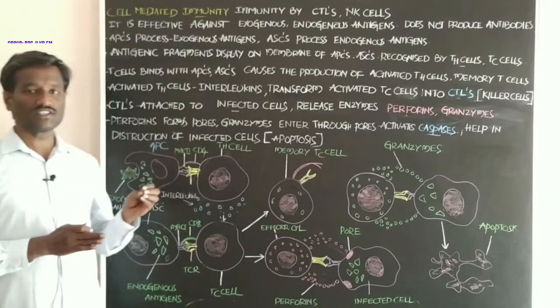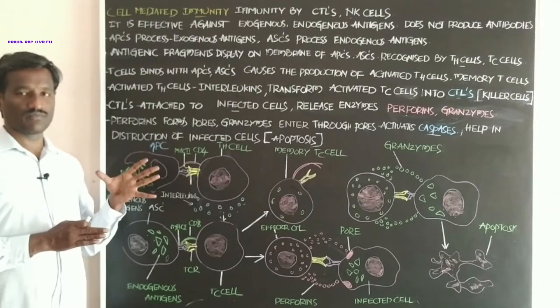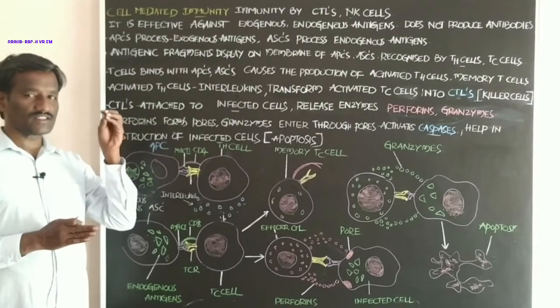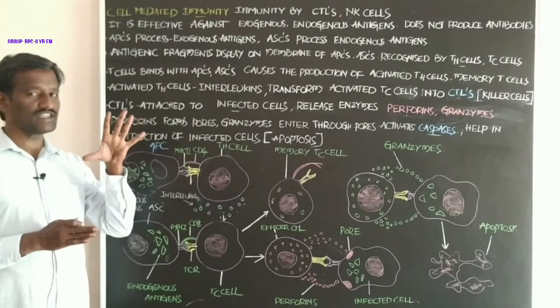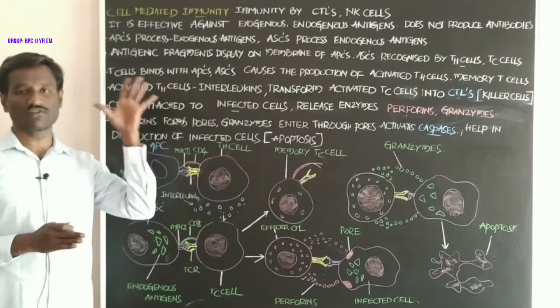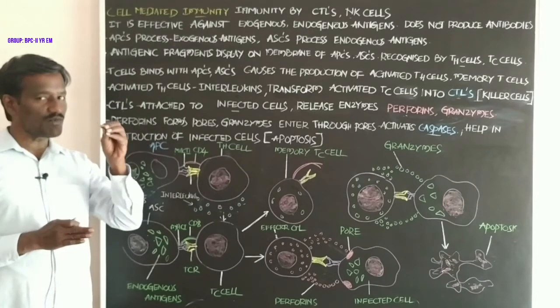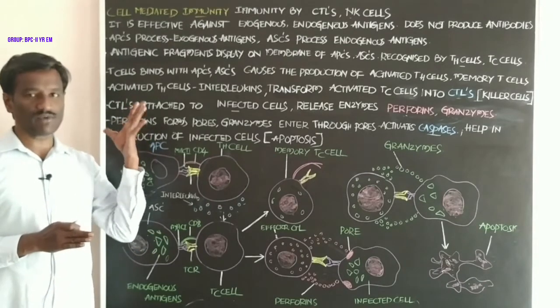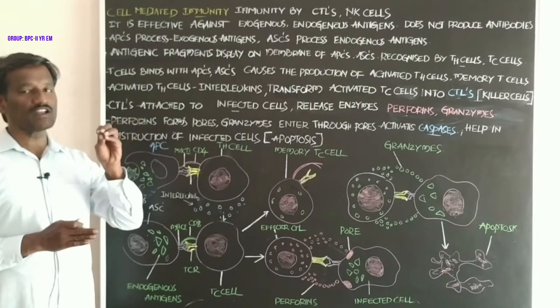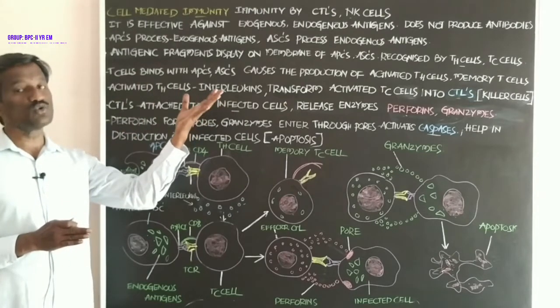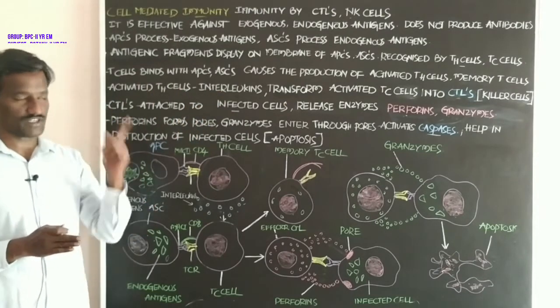Next, in cell-mediated immunity there is no production of antibodies. Antibodies are not produced in cell-mediated immunity, but antibodies are produced in humoral immunity. This is the difference.